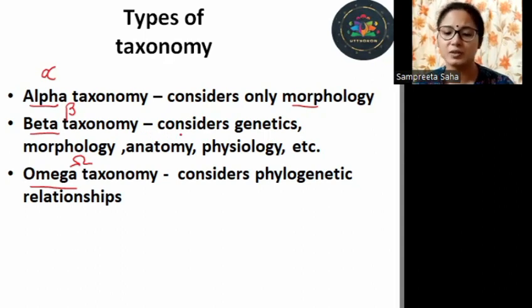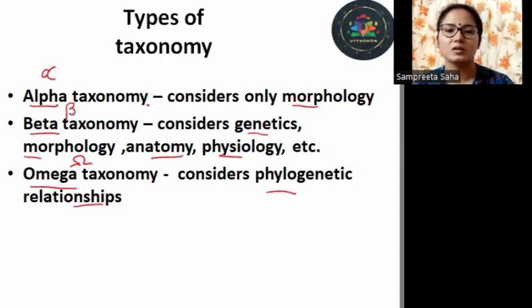Next, in case of beta taxonomy, it considers genetics, anatomy, physiology, and other aspects in addition to the morphology. So that is beta taxonomy. It is not only morphology, so you can say that it is a more elaborate form of taxonomy. Next, we have omega taxonomy, which includes the phylogenetic relationships.